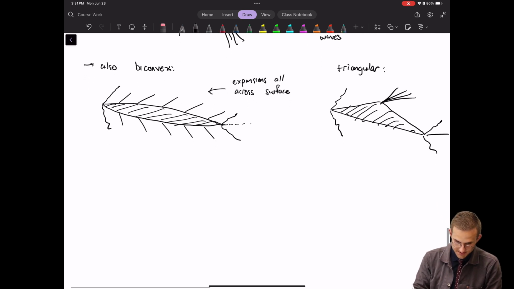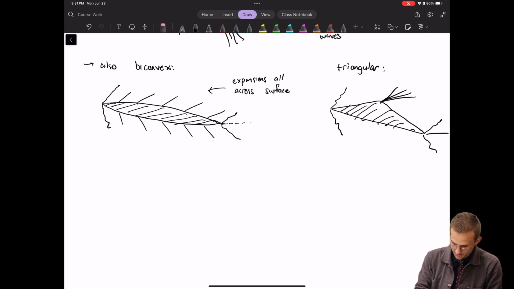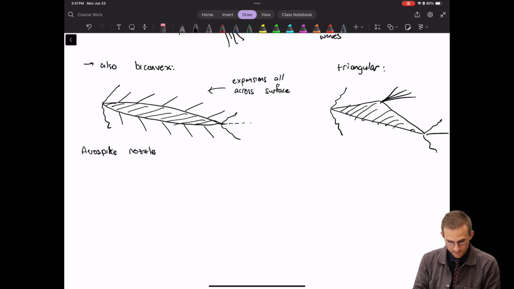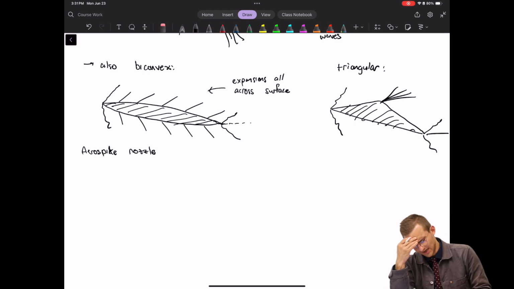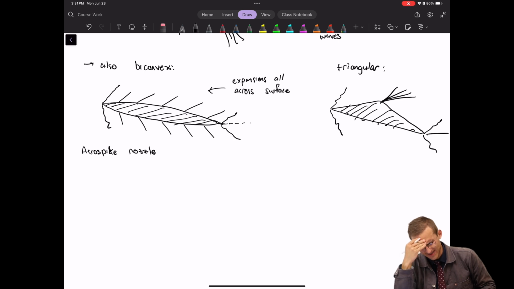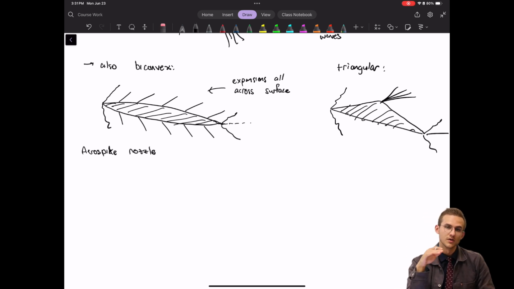Another interesting one that I wanted to show you was the Aerospike Nozzle. It's an interesting nozzle idea. I think I mentioned this fact: the rocket nozzle is going to perform differently depending on what your atmospheric or back pressure for the nozzle is.